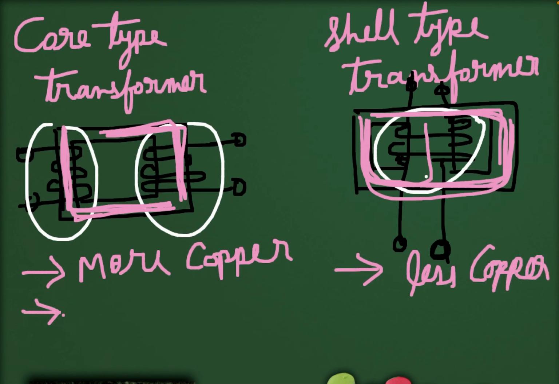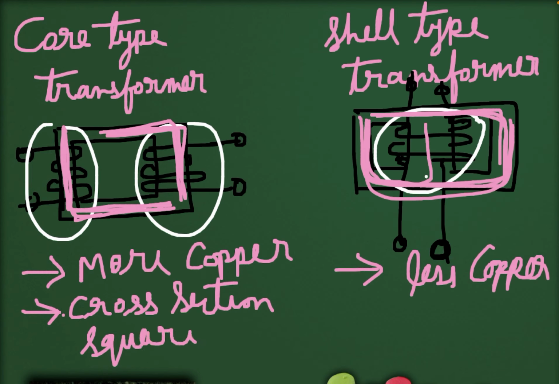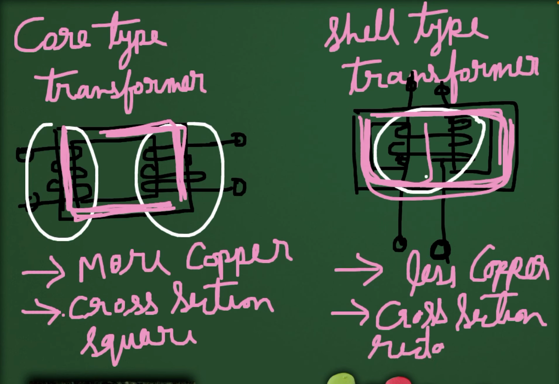Next, according to the cross section, here the cross section is square, and here the cross section is rectangular. So this is the difference.